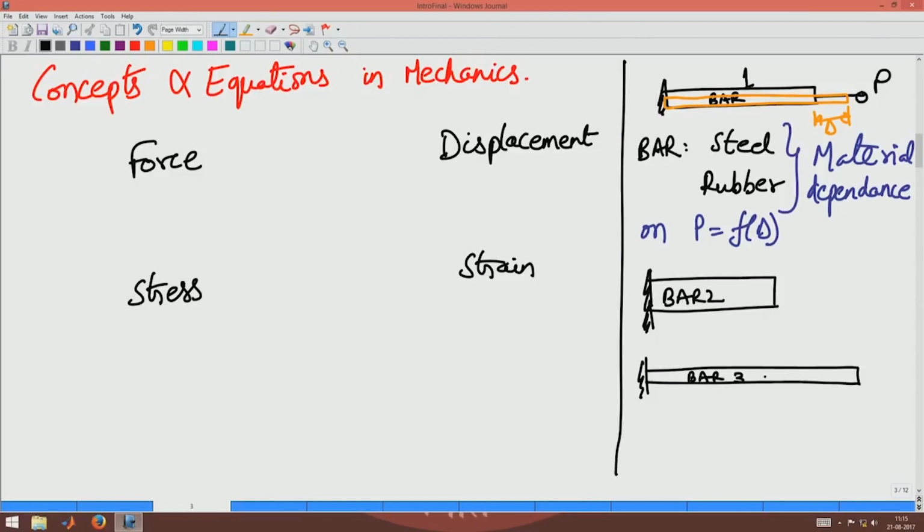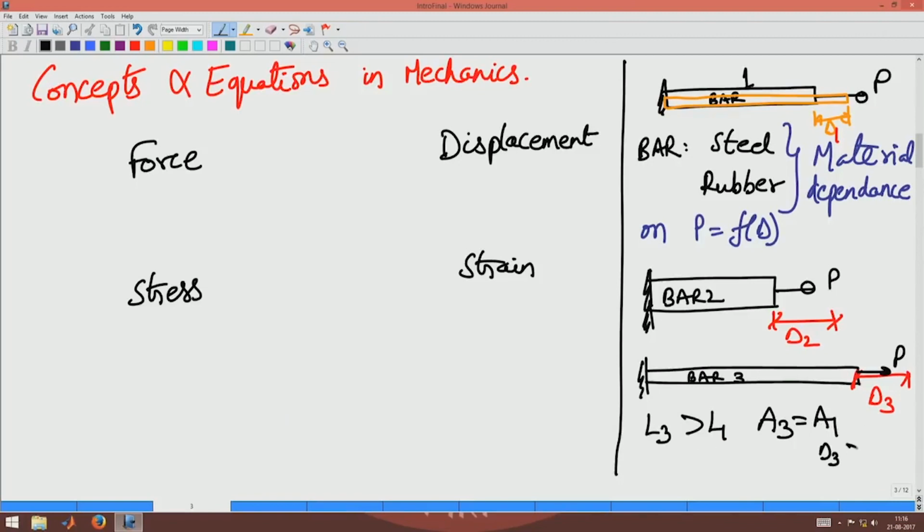I apply a force P on each of these bars and the corresponding elongations are delta 1, delta 2 and delta 3. I am assuming the length of bar 3 is greater than the length of bar 1, and the area of bar 3 is equal to the area of bar 1. Then I know that delta 3 will be greater than delta 1. A longer bar will elongate more.